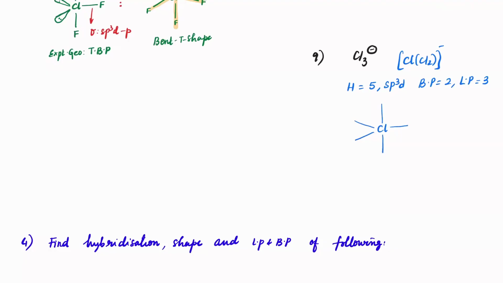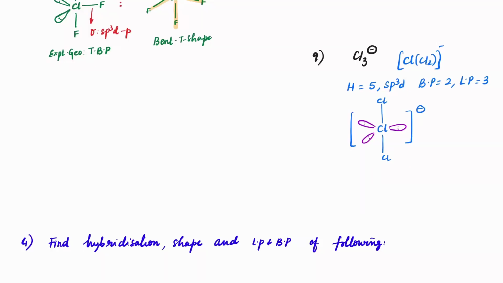Out of that, where do we put the lone pairs? On the equatorial position. So which makes it one lone pair here, one lone pair here, and one lone pair here. And the rest of the two positions are chlorines. And overall, you can put it as minus charge.